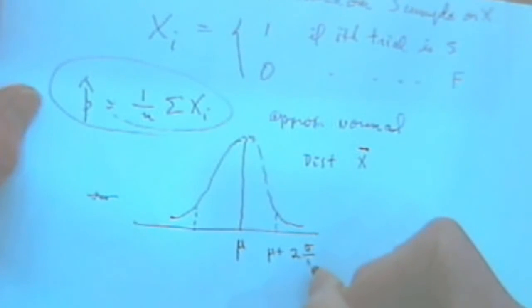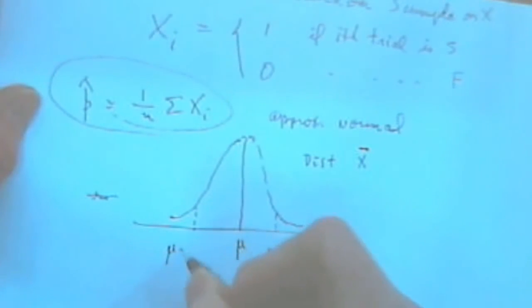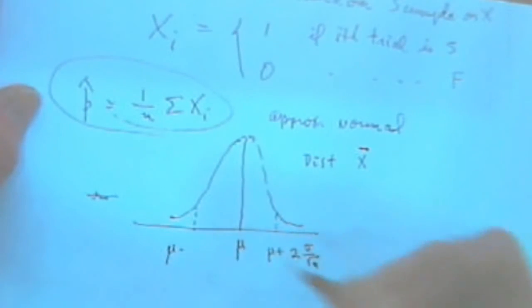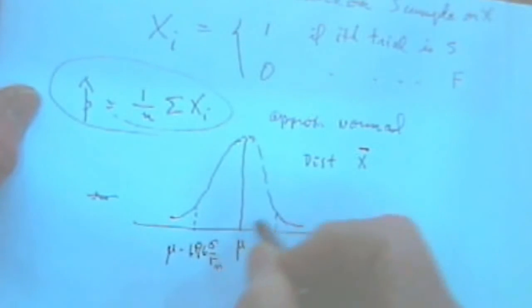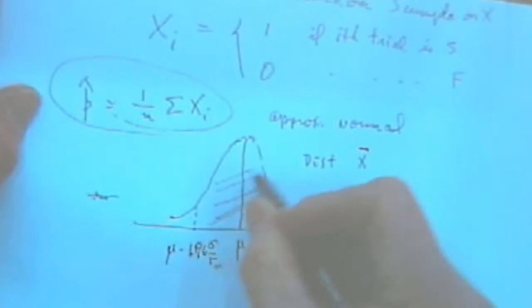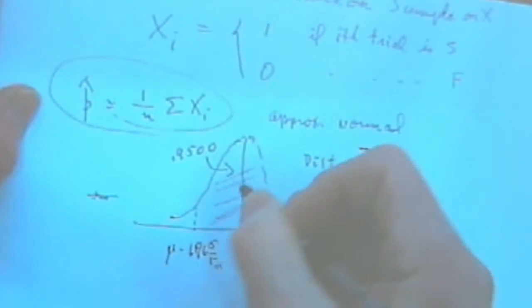Remember, it's the distribution of x bar. So my sigma, I have to divide by root n. And in this class, we can just go to 1.96, right? Right?